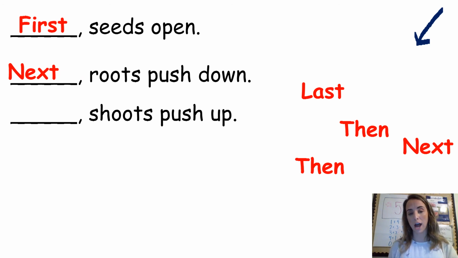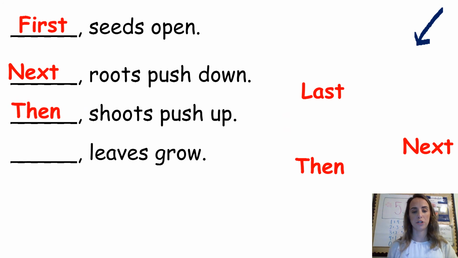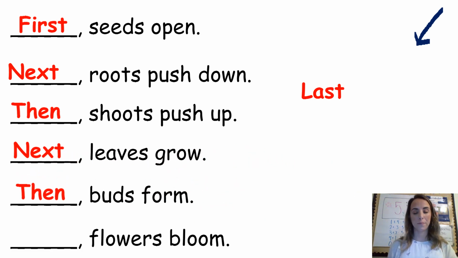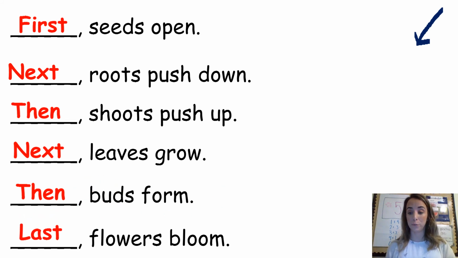Shoots push up, so we can say next or then, we'll say then. Shoots push up. Next, leaves grow. Then, buds form. Last, flowers bloom. So this is our steps in the sequence.